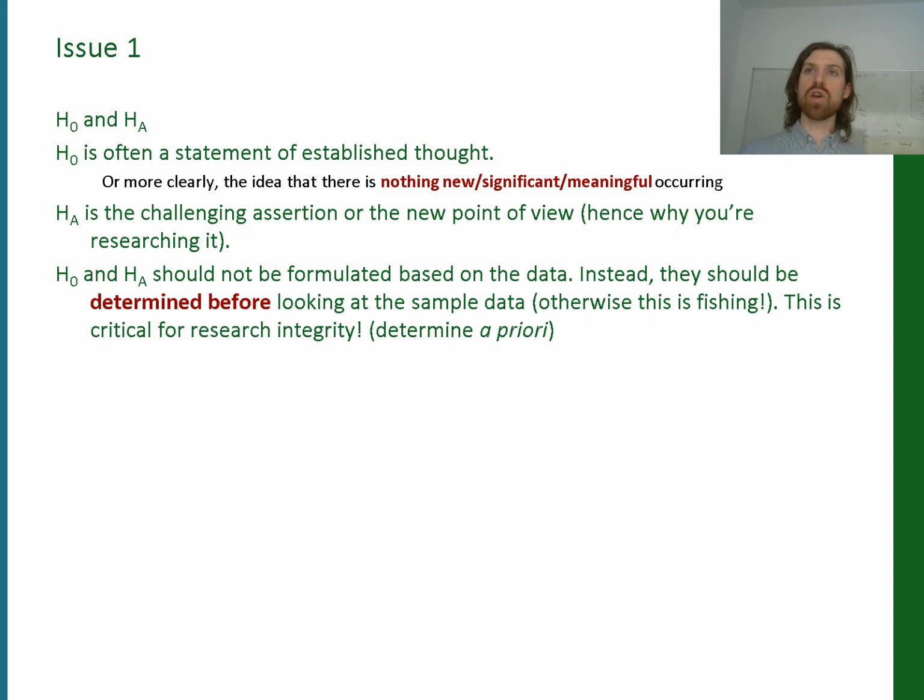So in the example I gave earlier, this is basically that by delivering high-speed broadband, you get more firms being started, essentially, okay? So that's that there's nothing new or significant occurring. H alpha is challenging the assertion, or it's a new point of view, hence why you're doing research into it.